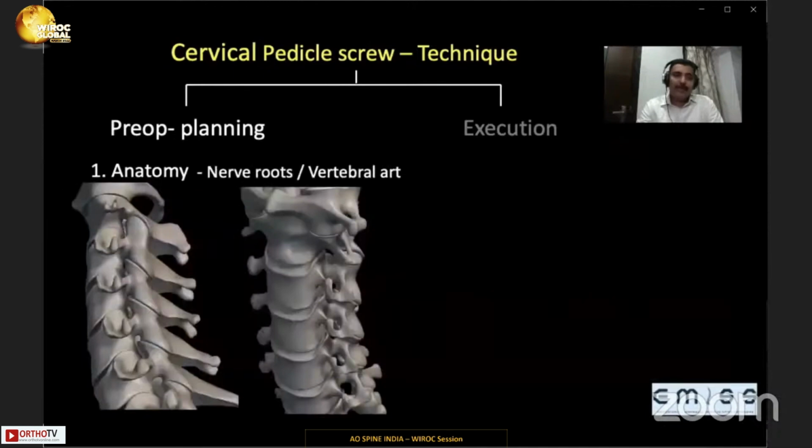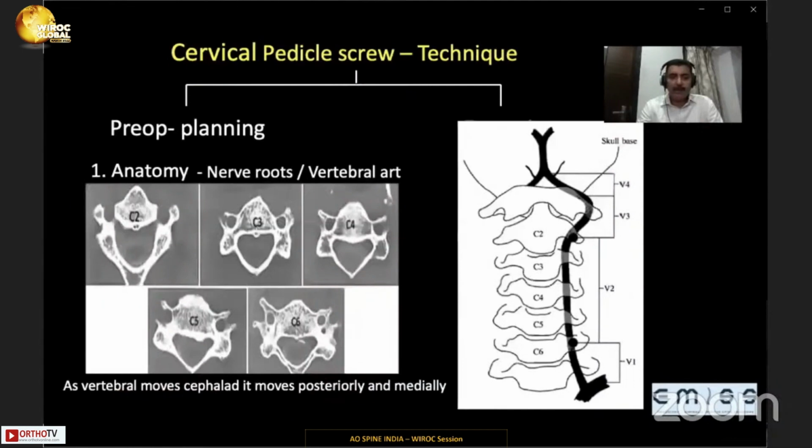We also have to look at the relation of the nerve roots and the vertebral artery to the cervical pedicle. In the lumbar spine, the nerve root exits inferior to the pedicle, whereas in the cervical spine, the nerve root exits proximal to the pedicle, or superior to the pedicle. This is an important point that we should consider, especially if you are erring on the side of screw insertion. Also, the vertebral artery is right in front of the lateral mass entry where you take the screw for the insertion of cervical pedicle screws, and adequate medial angulation is extremely important.